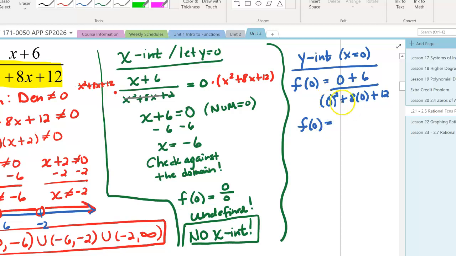Well, anything with an x in it is going to go away, so that's just going to be 6 over 12, or 1/2. So the y-intercept is (0, 1/2).